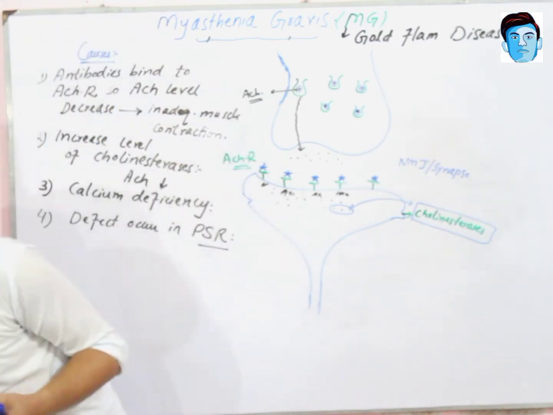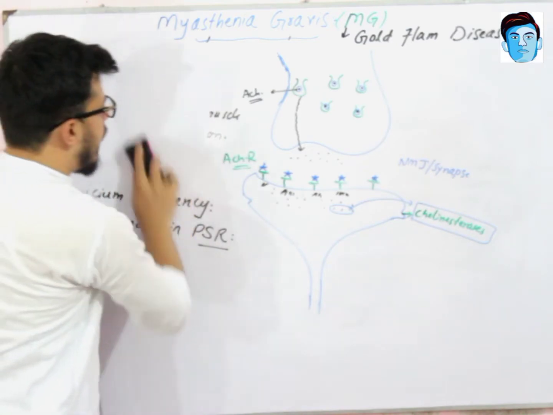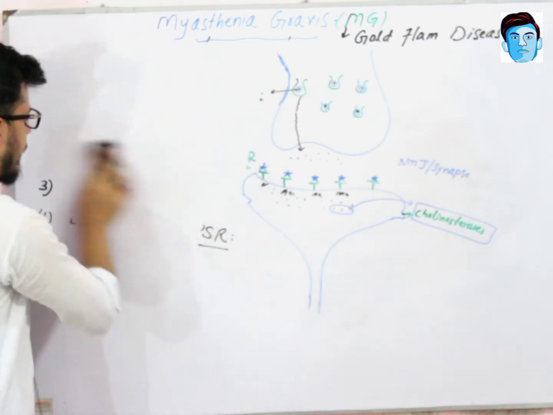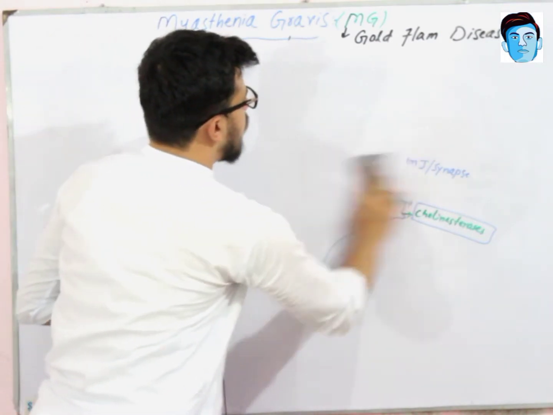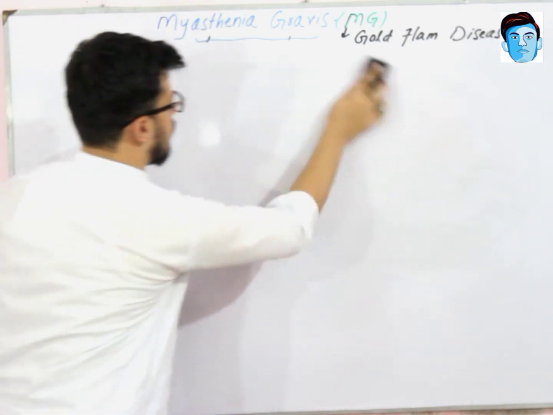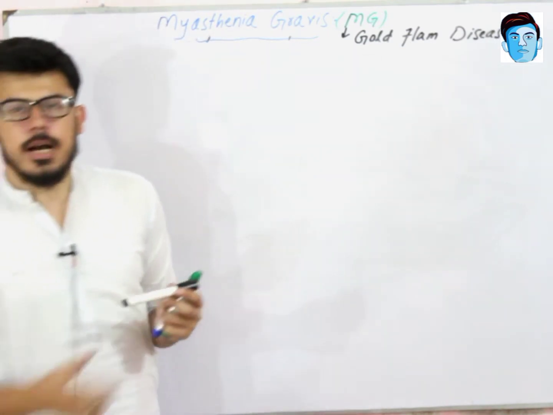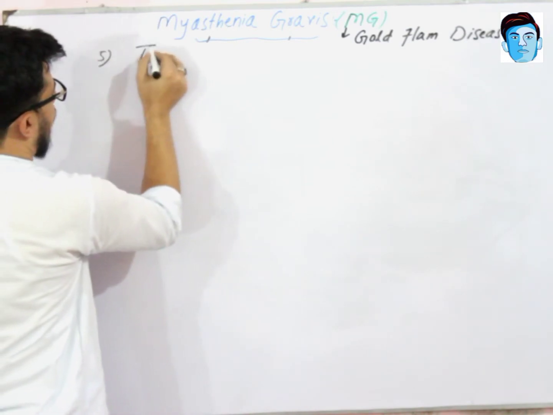And at last, there is another condition which can lead to myasthenia gravis. What is that condition? That is called thymoma.